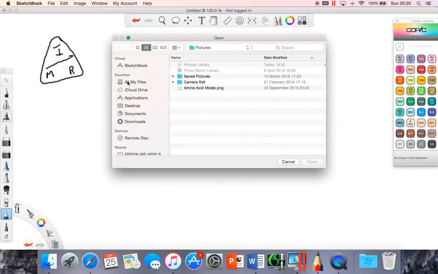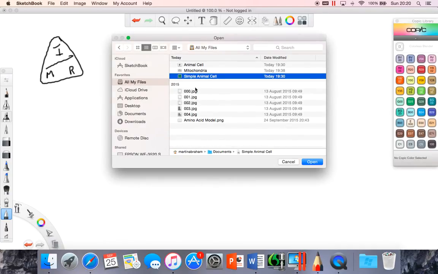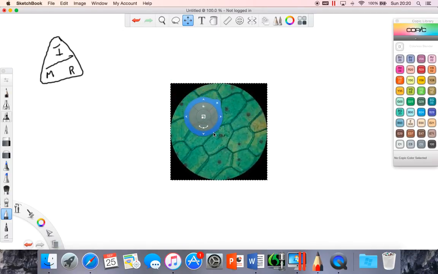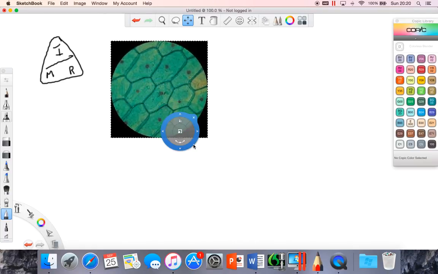And this picture will just be of some cells. So let's say that this is the image you're given, and you're asked to find the real size of the cells. So we're going to look for the real size.